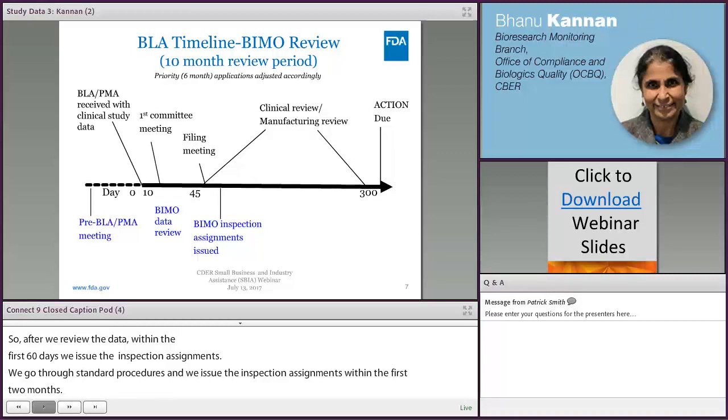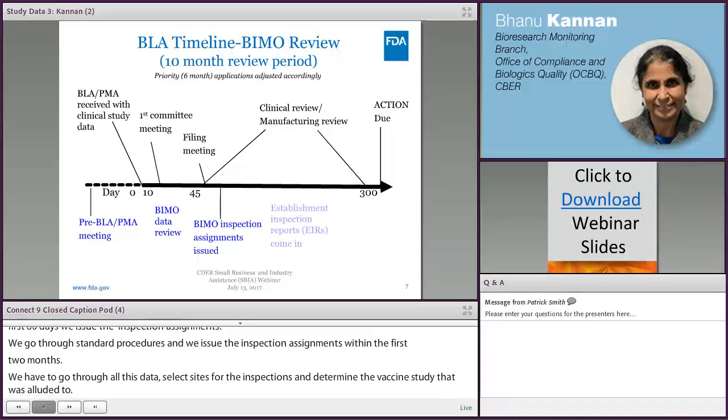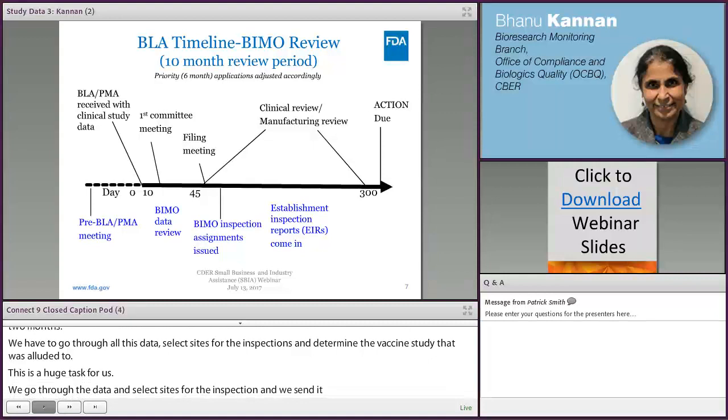So we go through all the data, select sites for the inspection, and then we send it to the particular Office of Regulatory Affairs field investigators, and they conduct the inspection.